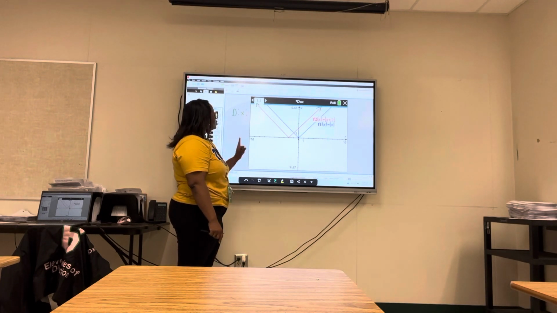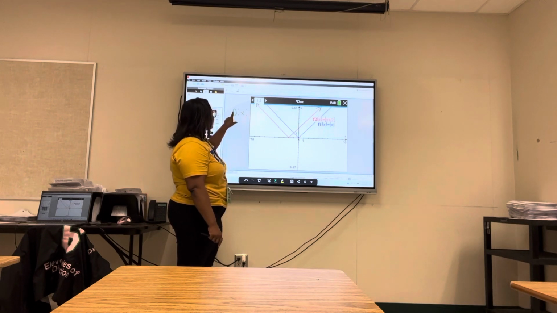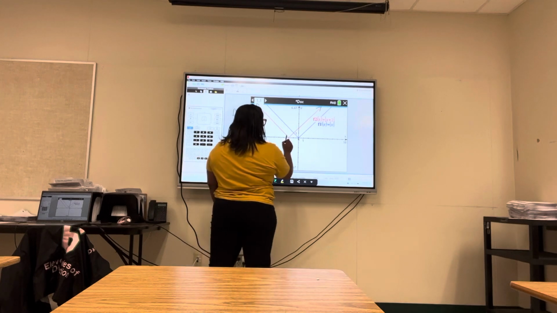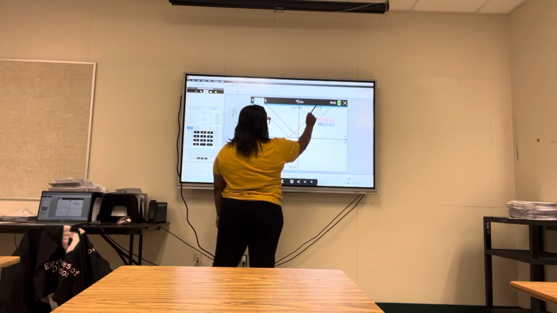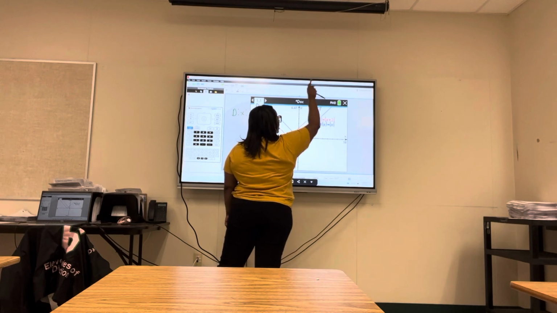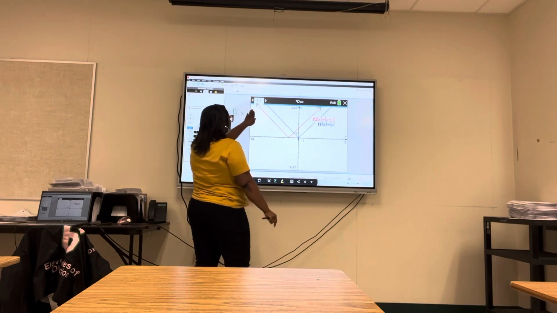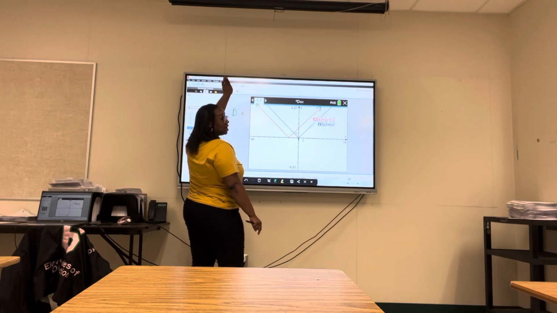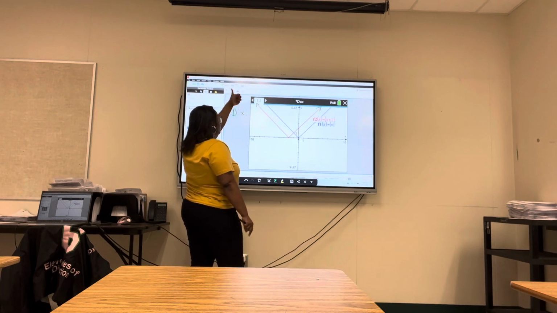All right? So it's saying, tell me what is the domain, which means tell me all of the x values. Well, if I'm looking, this graph over here on the left is going to keep going, it's going to keep expanding, and it's going to keep getting higher, which means it's going to get wider. Same thing on the left side. It's going to keep growing, getting higher. It's also going to expand and keep moving further to the left.